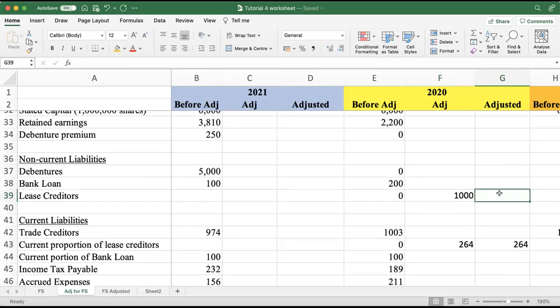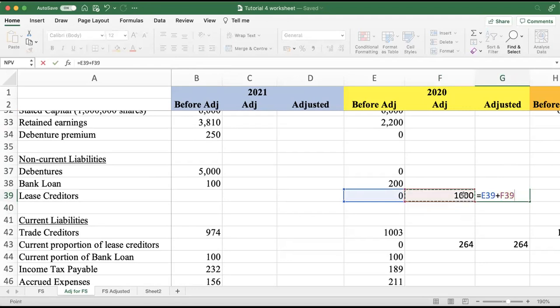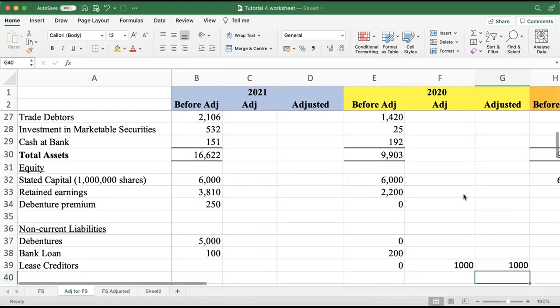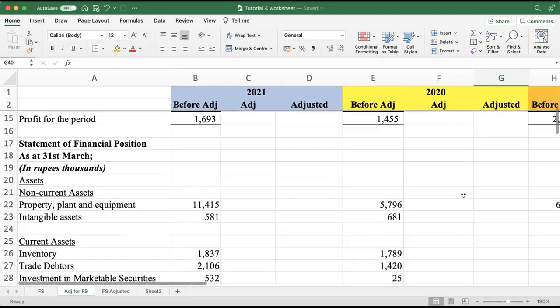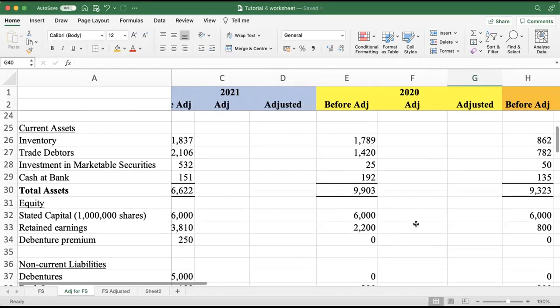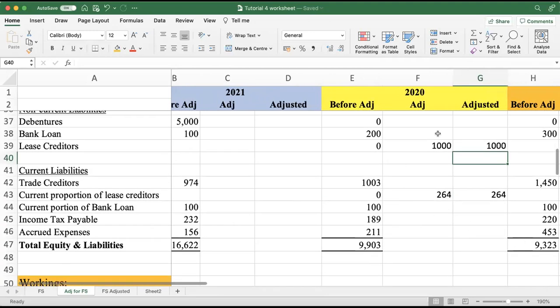Then the adjusted value, amount before adjustment 0 plus adjustment, you get the adjusted value. Right. Now you see we have brought the interest. We have adjusted interest. We have brought the two liabilities.